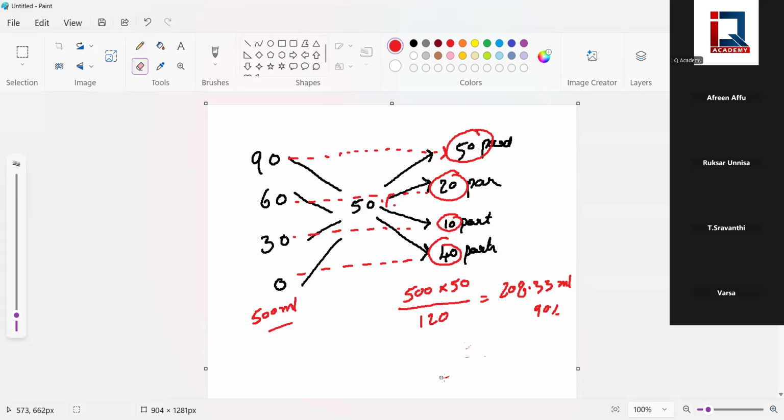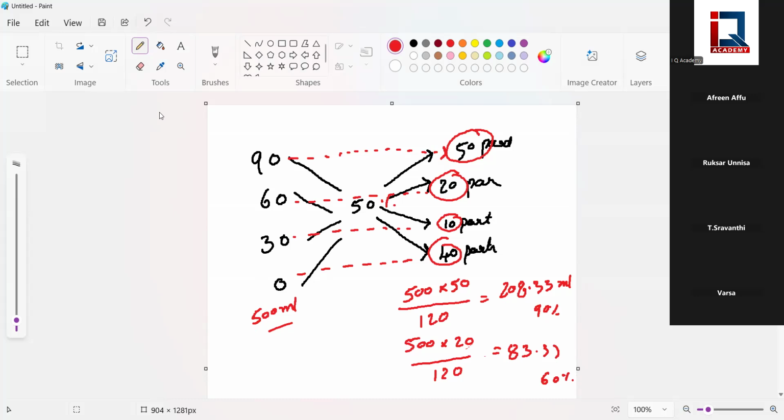Volume is 500, so 500 into parts, 20 parts, by 120. How much did you get? 83.33. Next, 83.33 ml of 60% alcohol we take.